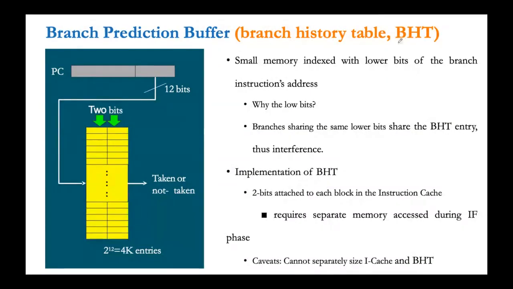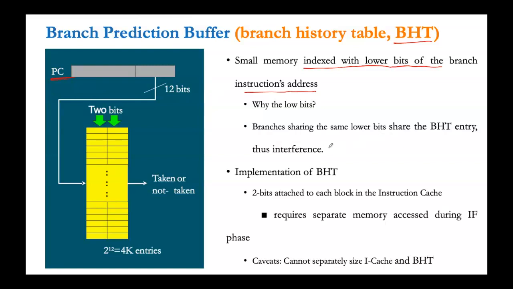As said, the branch history table is a small memory indexed with the lower bits of your branch instruction address, which comes from your program counter. Branches sharing the same lower bits share the branch history table entry, which gives some interference.